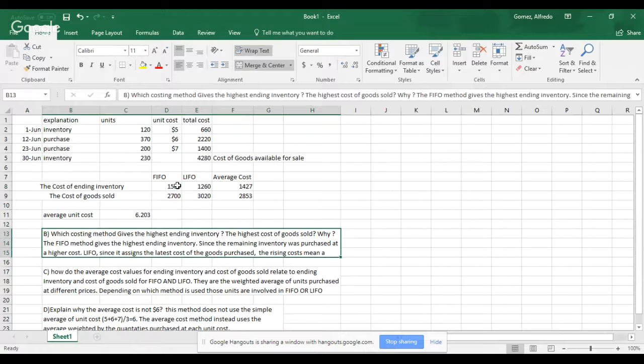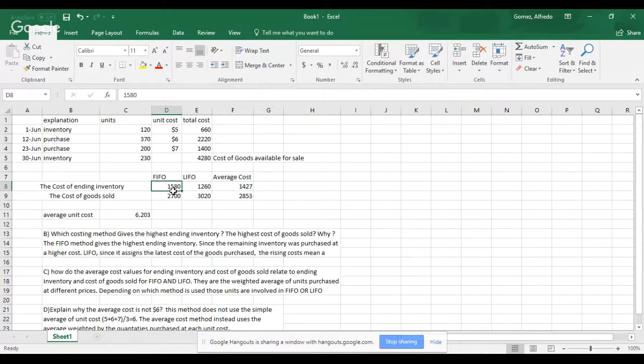So in order to get the cost of ending inventory, you will multiply 200 times 7, and that's 1400. And you still need 30 units, so you'll take that from the June 12th purchase. In order to get your 230 units, you take 30 at the cost of $6.